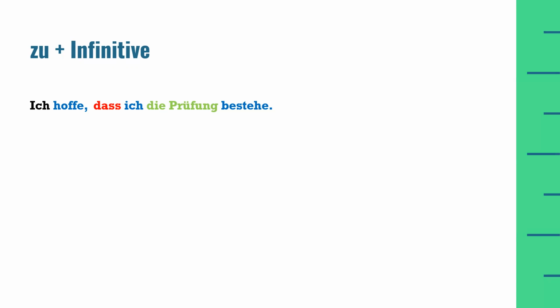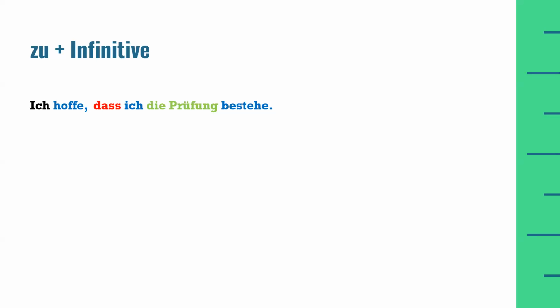In the previous lesson, we learned the conjugation of dass, and today's lesson is closely related to this. I have taken this example: Ich hoffe, dass ich die Prüfung bestehe, which means I hope that I pass the exam.